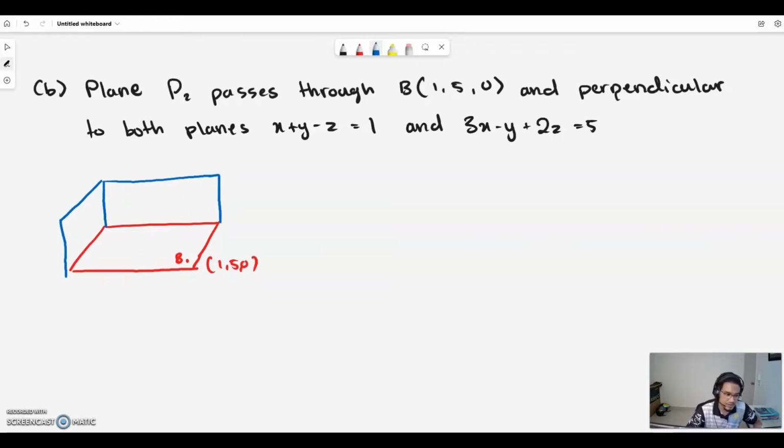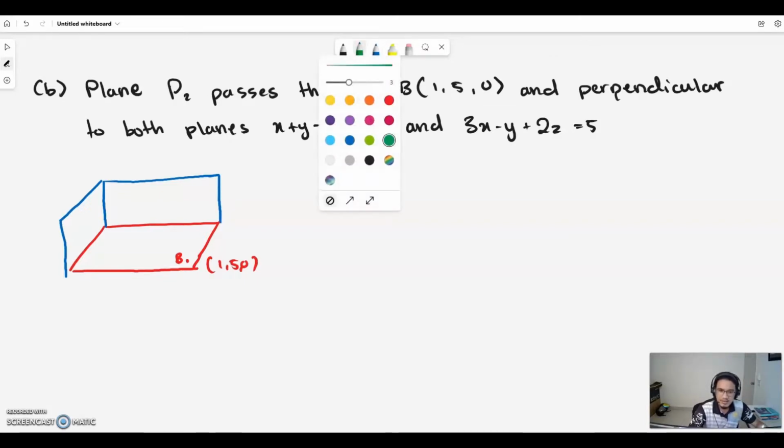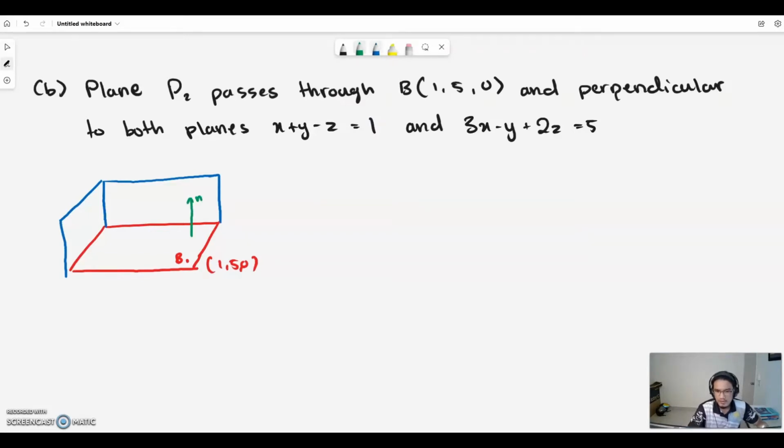Because it is mentioned as perpendicular. Okay, so in order to create the Cartesian equation for plane P2, what we need is actually the vector that is normal to plane P2. Let's say this is the equation for plane x plus y minus z equal to 1, and this one is 3x minus y plus 2z equal to 5.